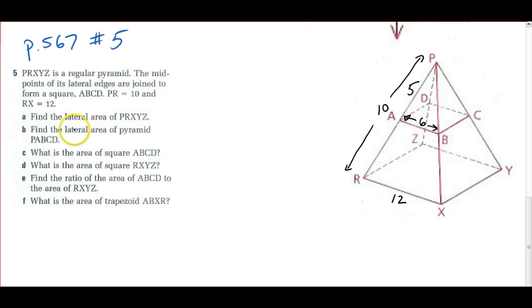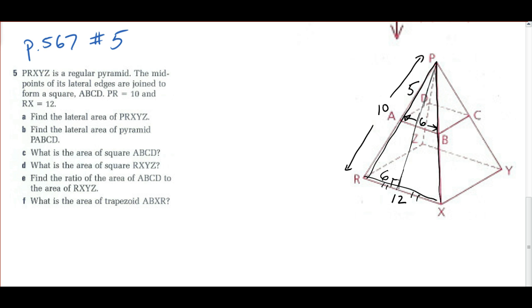For part A, we want to find the lateral area of the whole large pyramid. So we're looking at 4 of these triangles. To find the area, I need the slant height. This is a right angle, and this leg is 6 because it bisects the edge of the base.